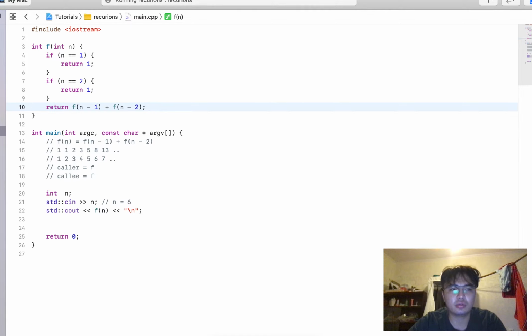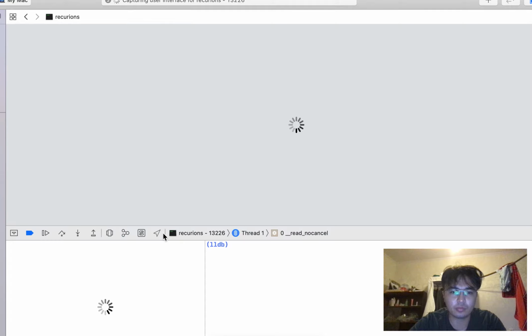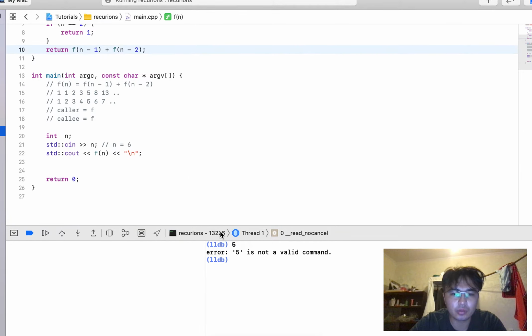Oops, I accidentally opened the debugger in order to run it, so let me run it again and see.